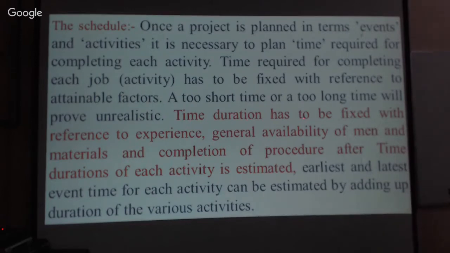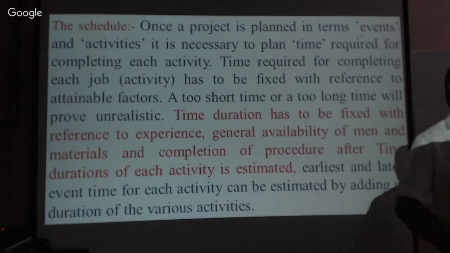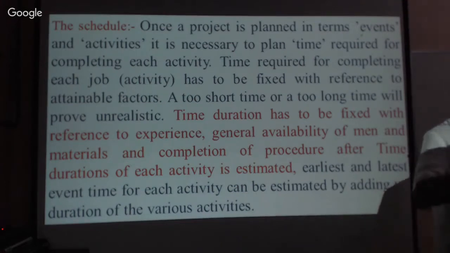The time duration has to be fixed with reference to experience, how much experience you have, and the general availability of material, men and material, and the completion procedure after the time duration of each activity is estimated. You have to judge this very carefully. Please understand the main object of this network diagram is to complete the project within the specified time.